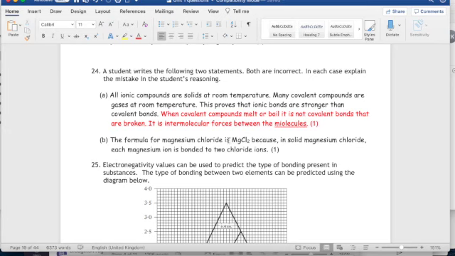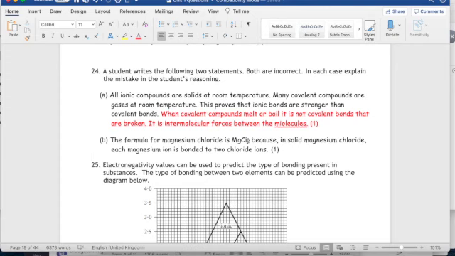So in reality, there are probably thousands, maybe even hundreds of thousands or millions of magnesium and chloride ions in magnesium chloride, but they're at a ratio of 1 magnesium to 2 chloride ions.